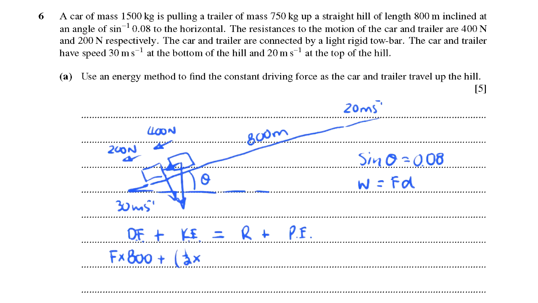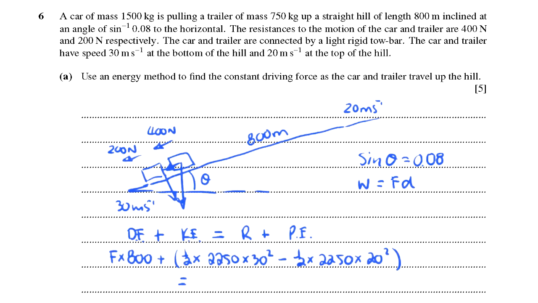So it's 1500 plus 750, which is 2250 kilograms, and half mv squared times 30 squared minus a half times 20 times 20 squared. All right, so that's what the kinetic energy gave, and that is going to equal the resistance, plus the potential energy.